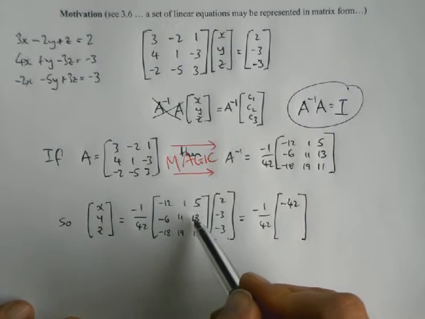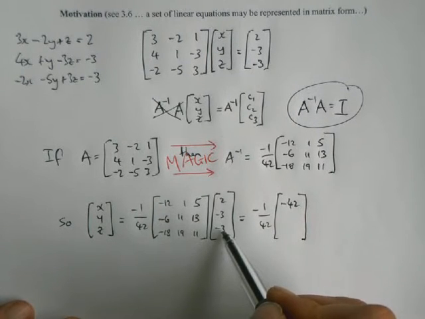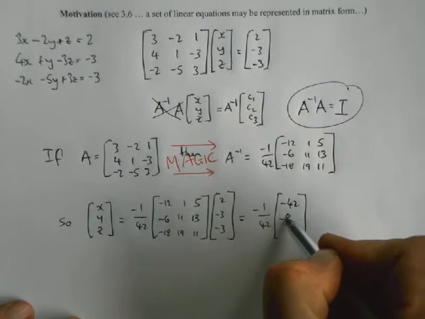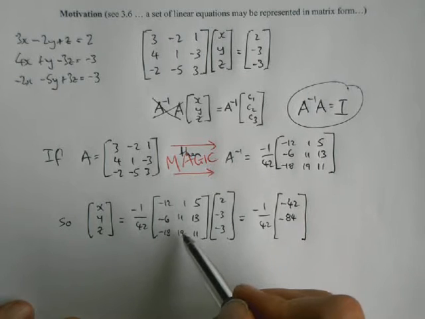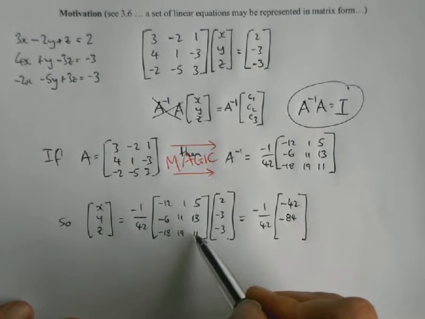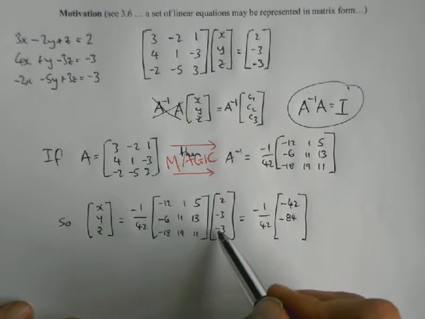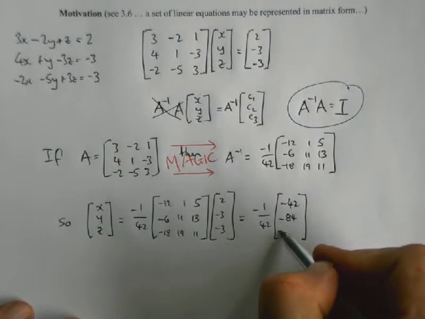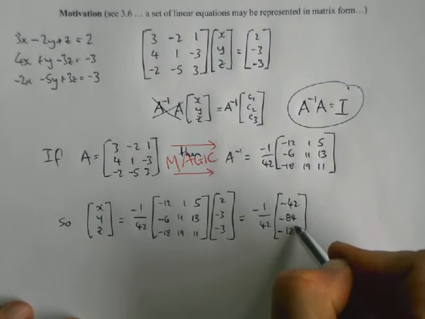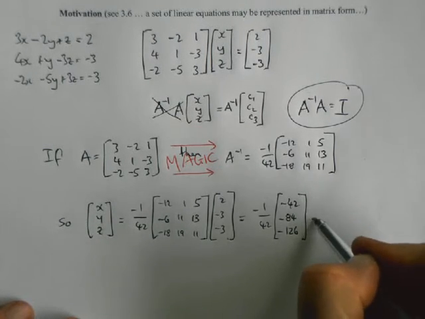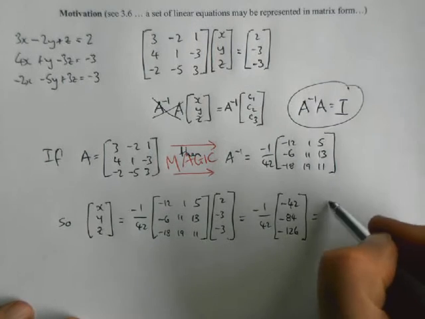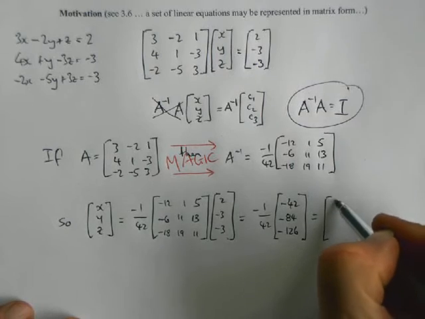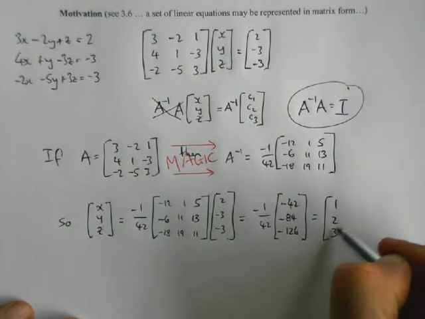Negative 24 minus 3 is negative 27, minus 12 is negative 42. Negative 12 minus 33 is negative 45, minus another 39 is negative 84. And then we're going to get negative 36 minus 57 minus another 33 is negative 126.